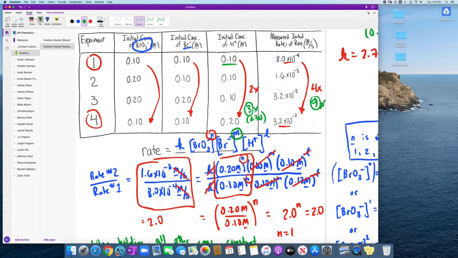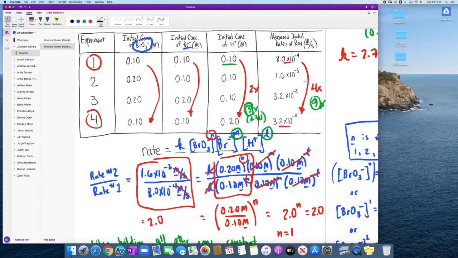So it's not just double or something, it's the square of how we've changed the concentration. That tells us the order of H plus is second order.